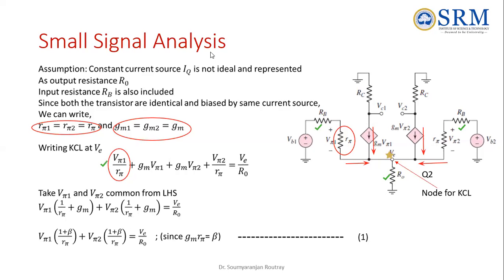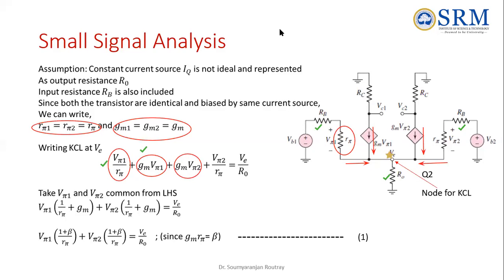Now coming to the second one, gm V pi. Where does it come from? It is the current through this section. gm into V pi is a current source, so directly we can write gm into V pi 1. Then gm V pi 2 is coming for this one.